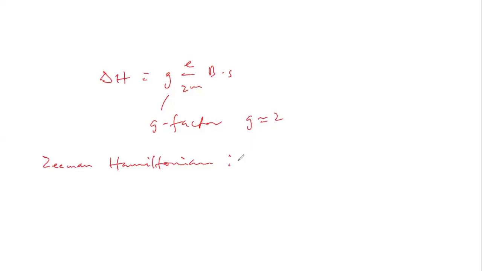So here at this point, I'm actually ignoring all the necessary derivations. So the Zeeman Hamiltonian will now become E over 2m, B dot (L plus 2S). And we know that the total angular momentum, J, is the same as L plus S, that couples the magnetic field.